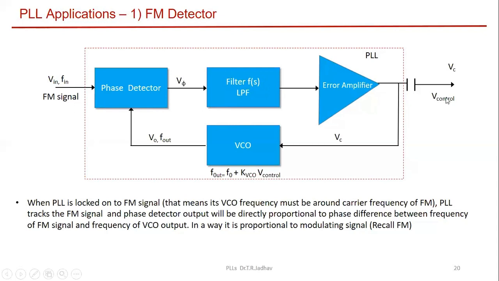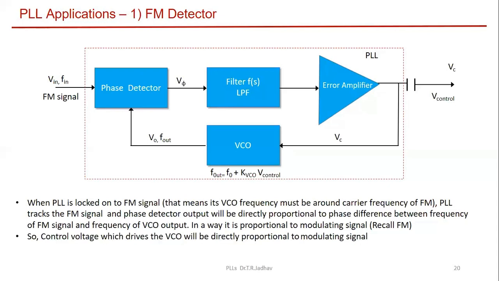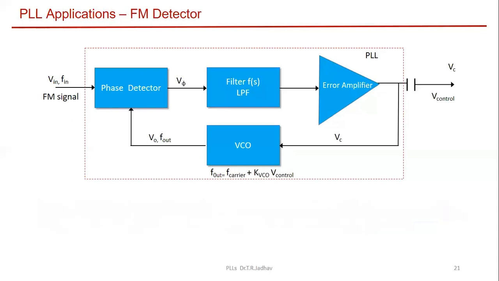In a way, it is proportional to the modulating signal. So that's the whole concept. So control voltage which drives the VCO will be directly proportional to the modulating signal. So thus PLL can be easily used as FM detector.